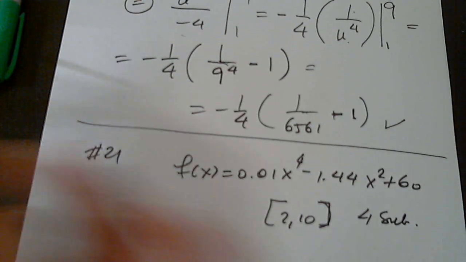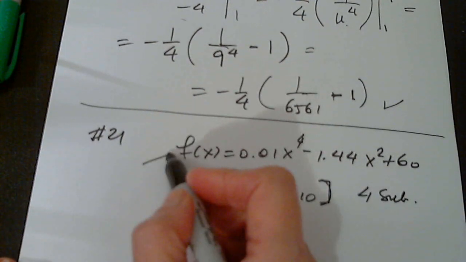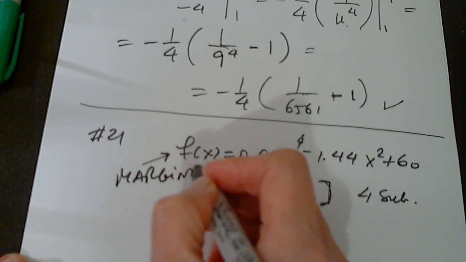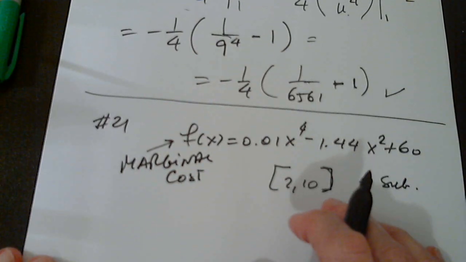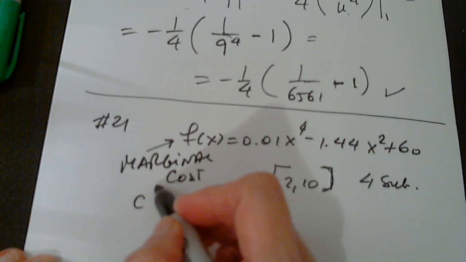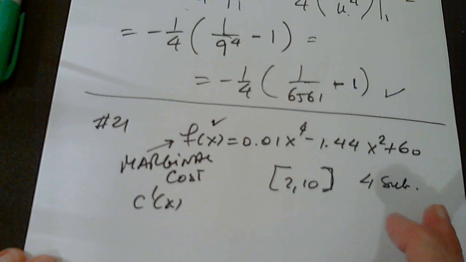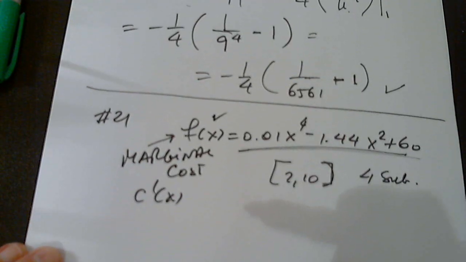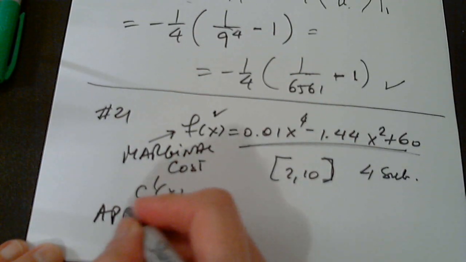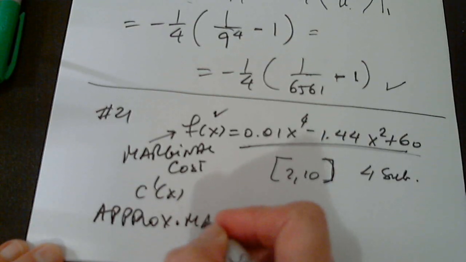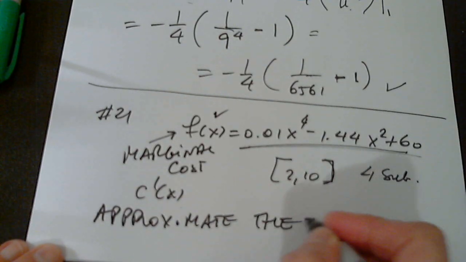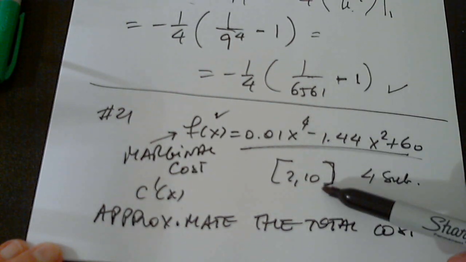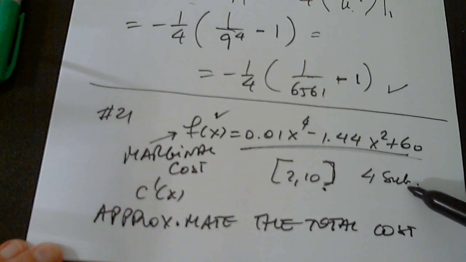So let's assume that this can be anything. Let's say it's a marginal cost. We can call it c prime of x, or we can call it f of x, it doesn't matter. So let's say this is the marginal cost. And let's say the problem is asking us to approximate the total cost using this interval with 4 subintervals.